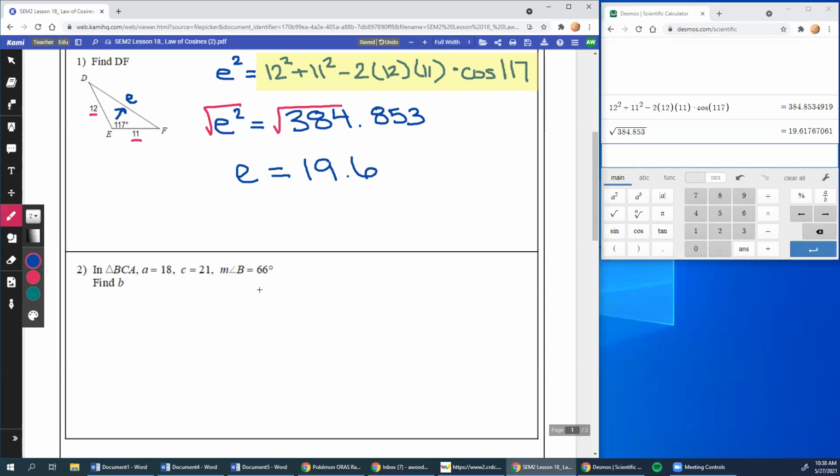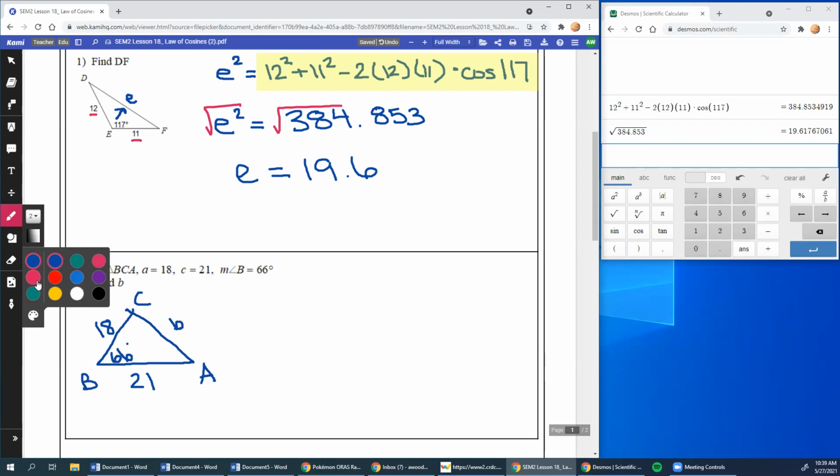All right, next, no triangle. So we have to sketch out a triangle. So triangle BCA. Little a is 18, little c is 21, and angle B is 66 degrees, and we want to find little b. So here's my given angle and my side opposite.